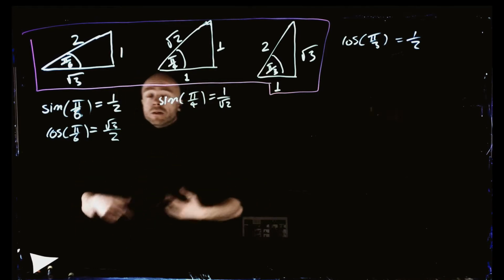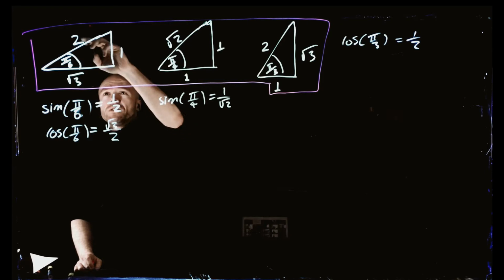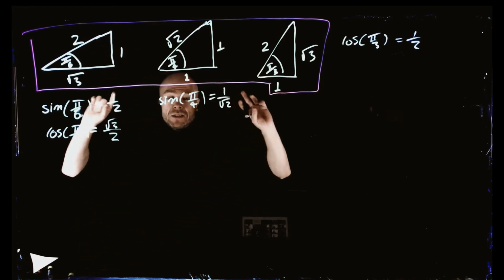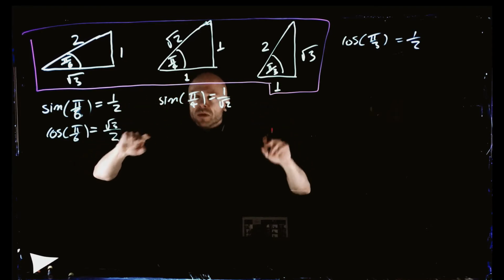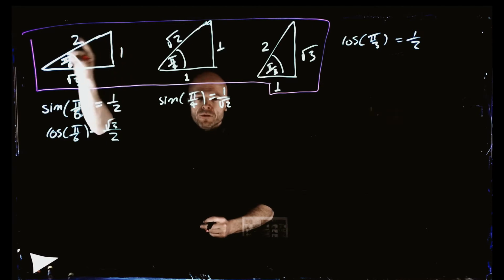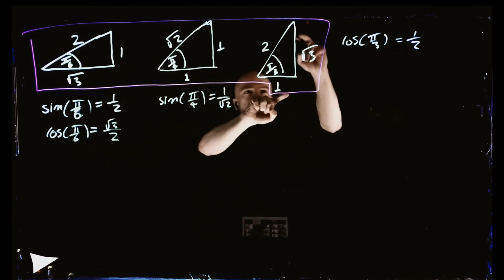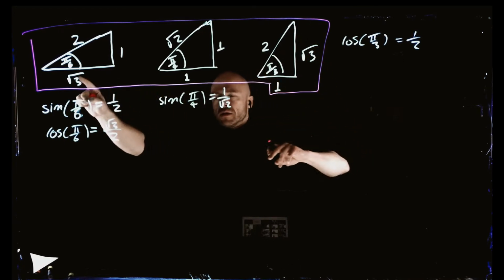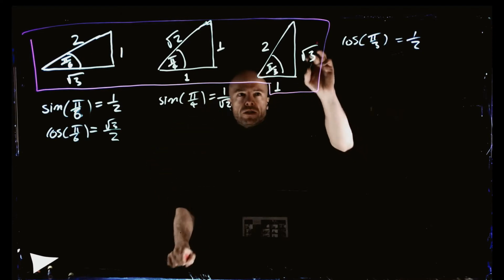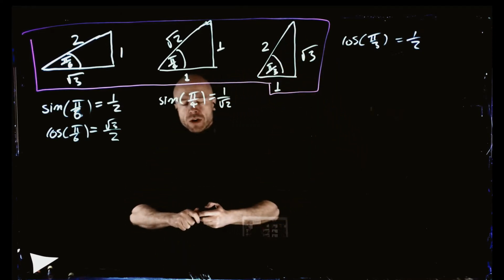So the only thing you really need to remember is that root 3, 2, 1 are this Pythagorean triple, in that if you square root 3 plus 1 squared, you get 4, which square root is 2. And then this guy is just very similar to this guy, but the long side is now the opposite side. So actually all you need to remember are these numbers, root 3, 2, and 1 on the sides of a triangle. So I claim there's very little to remember here.